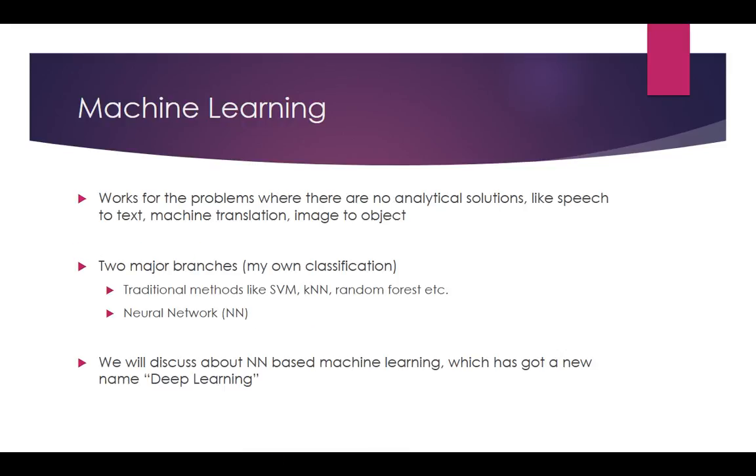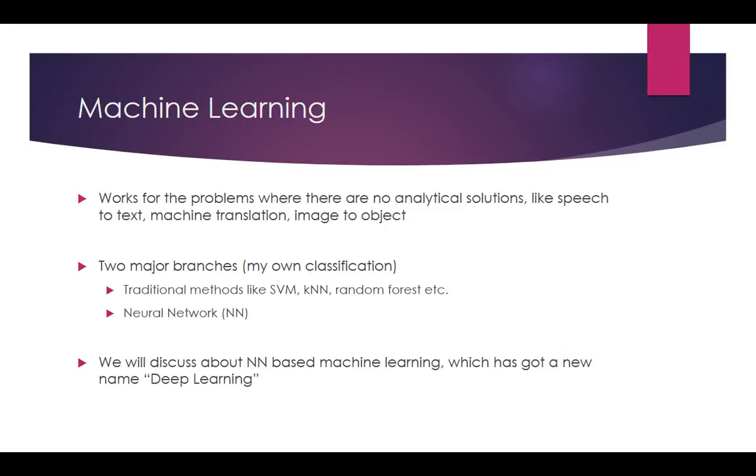So where is machine learning used? Machine learning is used for those problems where there are no analytical solutions, like speech to text or machine translation or image to object. There are two major branches of the knowledge of machine learning. This is my own classification.